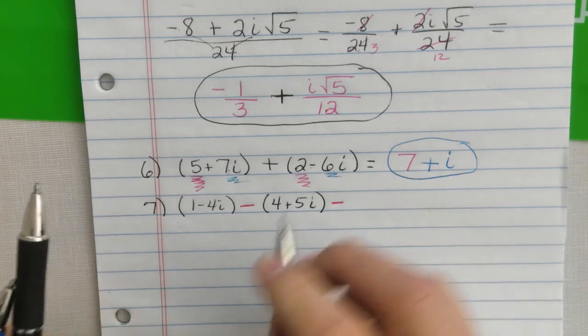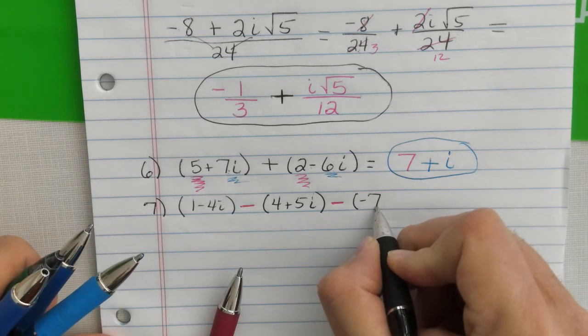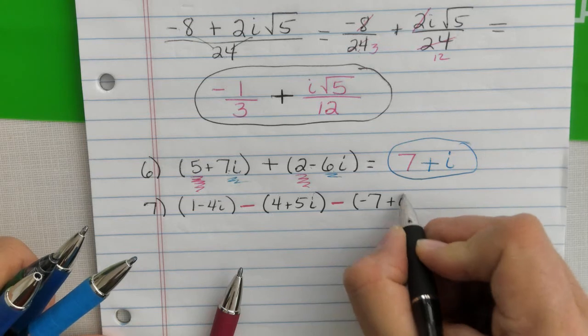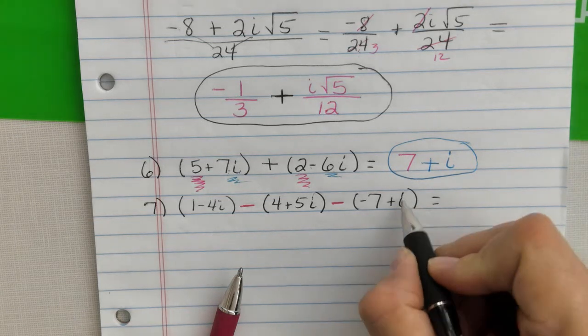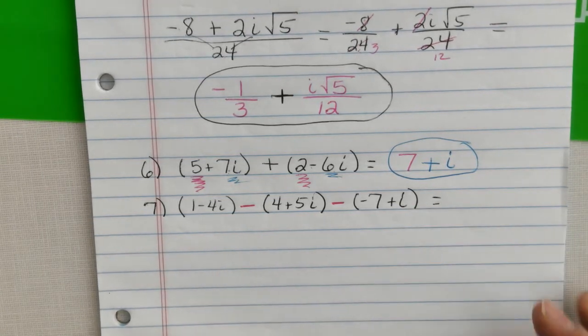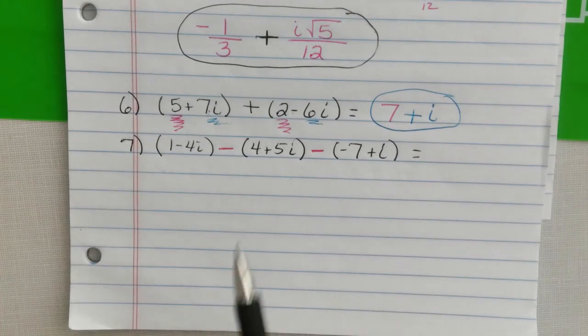Minus a negative 7 plus i. Ooh. This is an i. It sort of looks messy. So I'm now subtracting complex numbers.